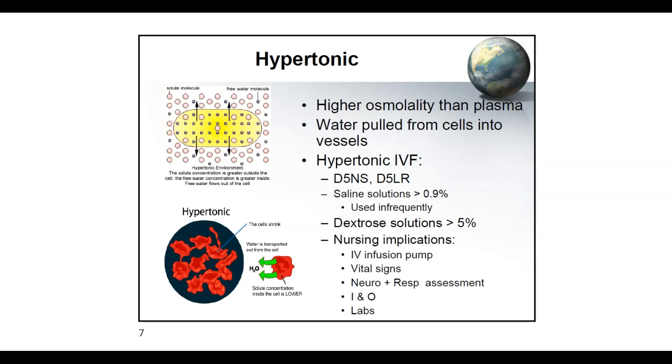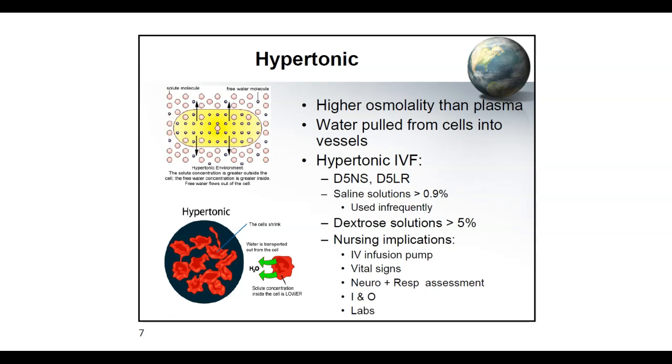For the most part, this is commonly given to patients who have cerebral edema. With patients who had some sort of head trauma with a lot of edema in their brain, you will occasionally see them receiving 3% saline, because it allows us to pull some of that fluid outside of those brain cells to reduce that swelling or edema.